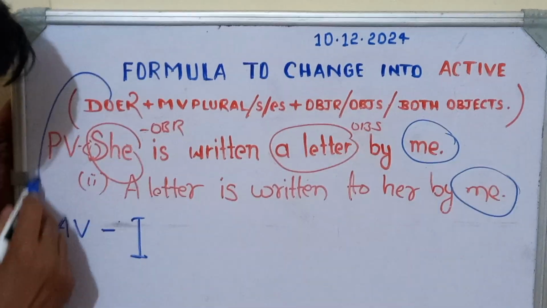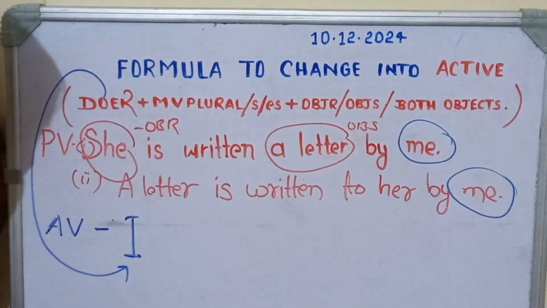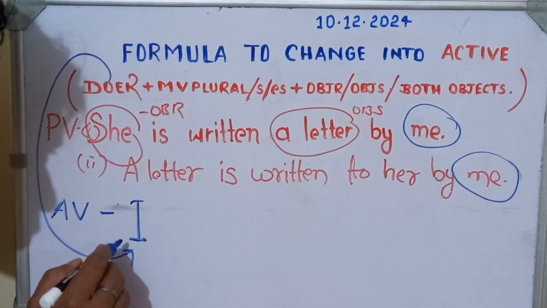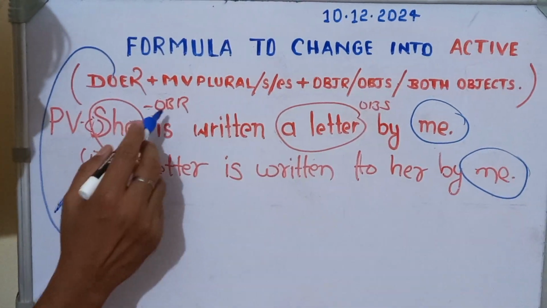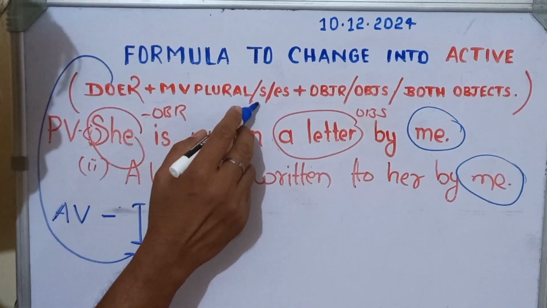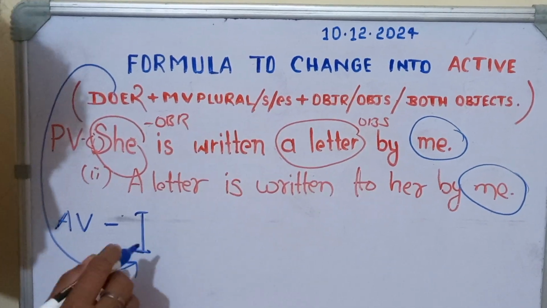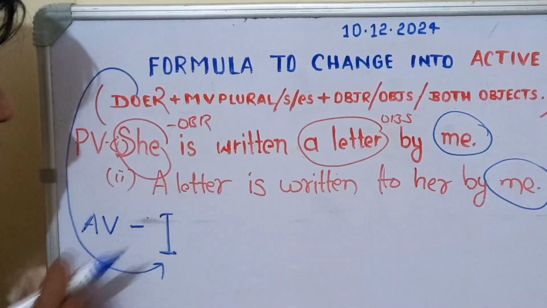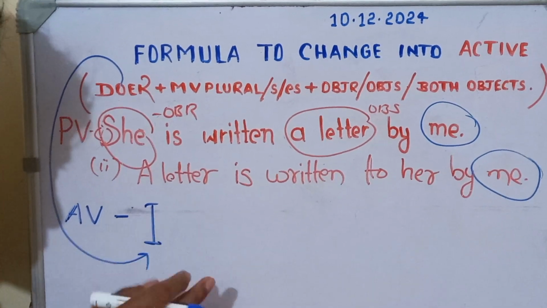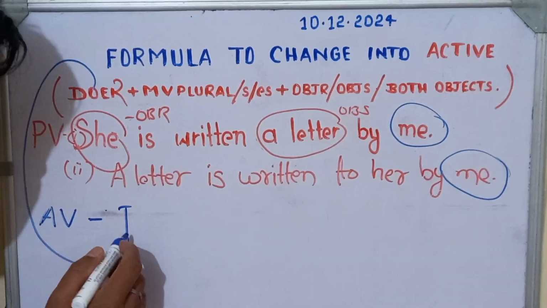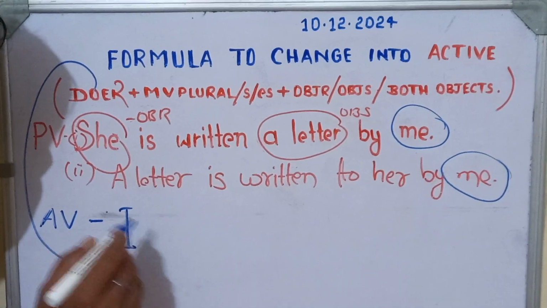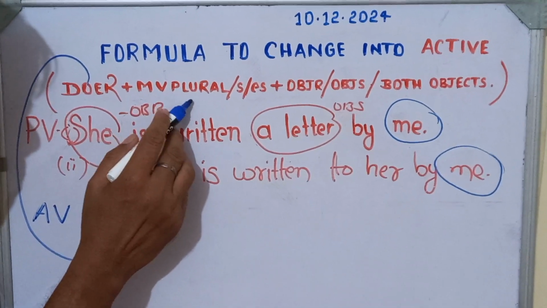So subjective of me is I. See here, this is I. And after doer, now we got doer I, and after doer we use main verb plural or s or es form. According to the subject we use main verb. Because I is a plural subject, we will use main verb plural.